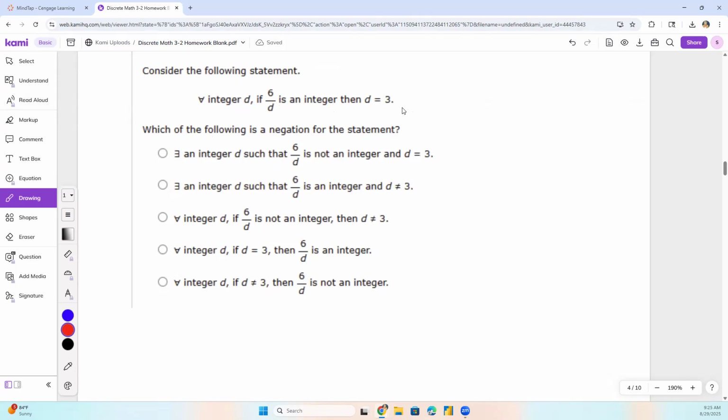Remember, for every integer d, so this is an if p, then q. We studied that its negation will be p and not q. We talked about this before we started the questions. For this if-then statement, its negation will be p and not q.